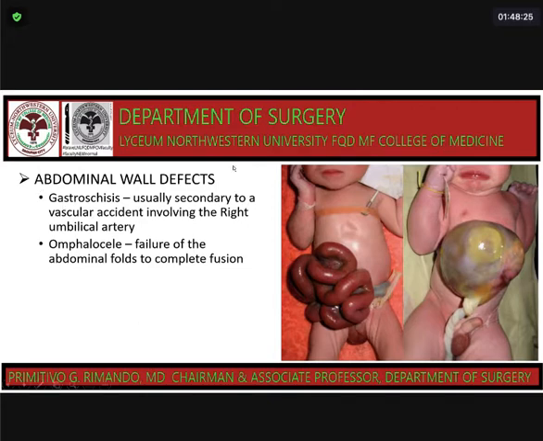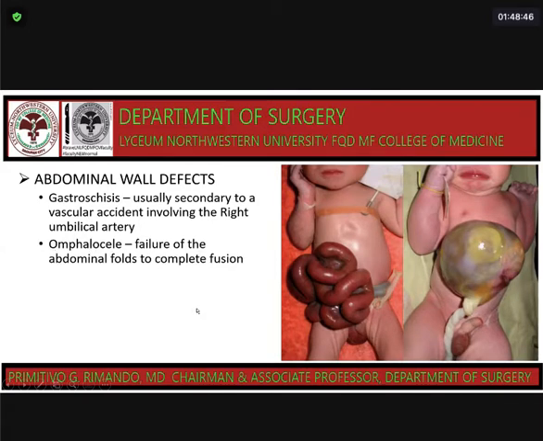Okay, your abdominal wall defects. You have your gastroschisis here and your omphalocele here. Your gastroschisis is usually secondary to a vascular accident involving the right umbilical artery. Your omphalocele is a failure of the abdominal fold.